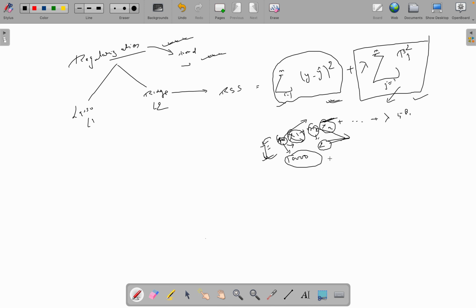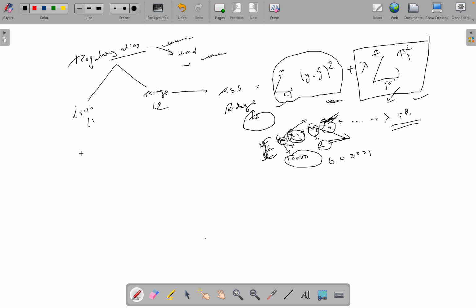If this value is 0.00001, then there is no importance of this feature, correct? So by penalizing with the coefficient squared, we are ensuring that every feature, or every coefficient, participates, and we are not letting anyone dominate the model. So this is ridge, and it is also called L2.